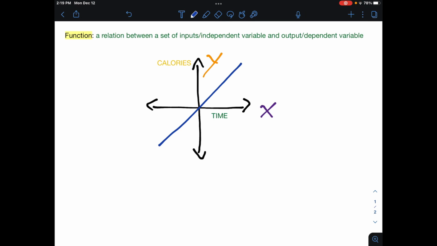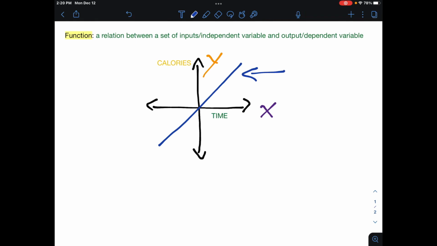So, as you can see, the x represents the independent variable, and the y represents our dependent variable. And the blue line here represents the linear relationship, hence the line.